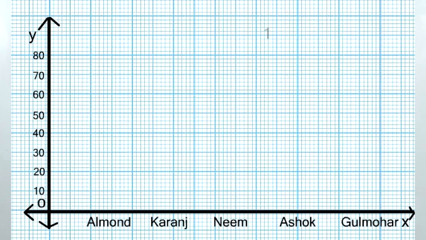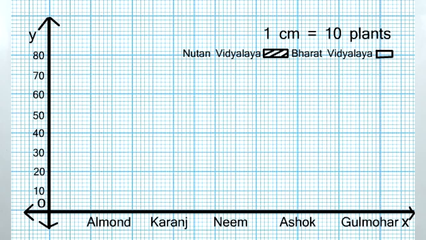Using scale, we will take 1 centimeter is equal to 10 plants. Now, we will represent the data of Nutan Vidyalay and Bharat Vidyalay. First, the data of almond 40, 42.